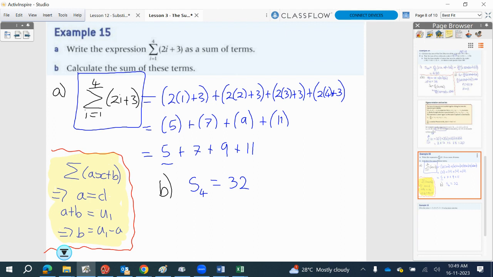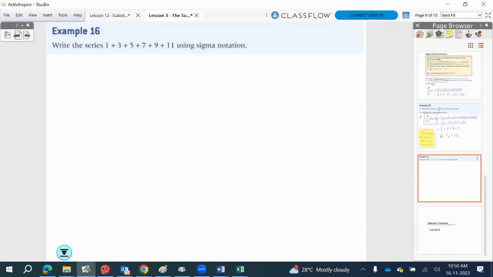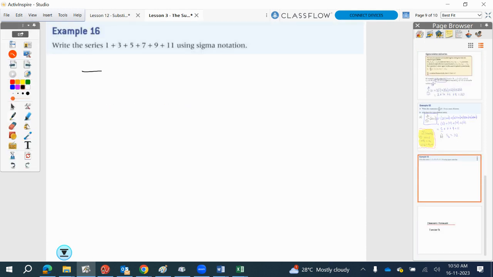Okay, so this is the formula we're using. Sigma, i equals 1. What goes on the top here? 6, because there are 6 terms.